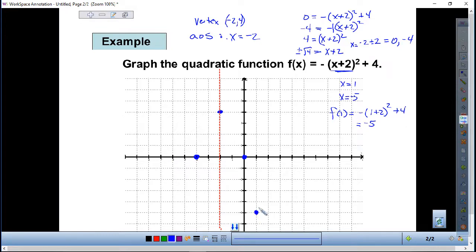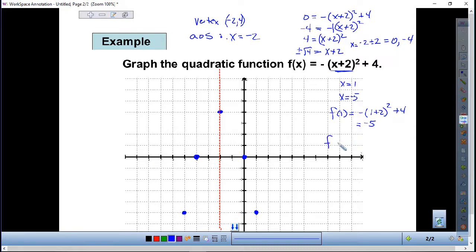Now, we know that this point right here occurs 1, 2, 3 places over from the axis of symmetry. Well, if I go 1, 2, 3 places over from my axis of symmetry on the other side, I should have another point right there at negative 5. Now, we're going to confirm this, but remember, because of the symmetry, they should match on each side.